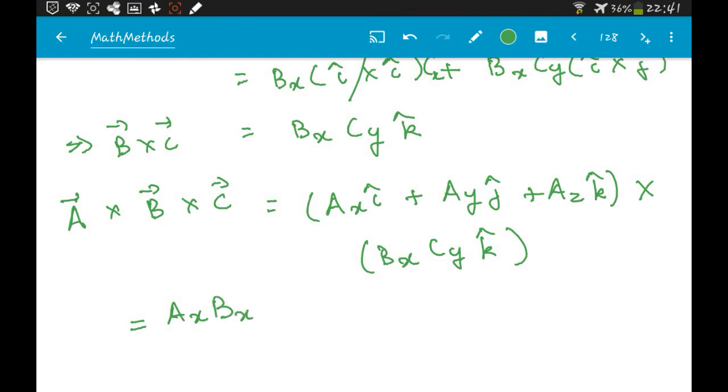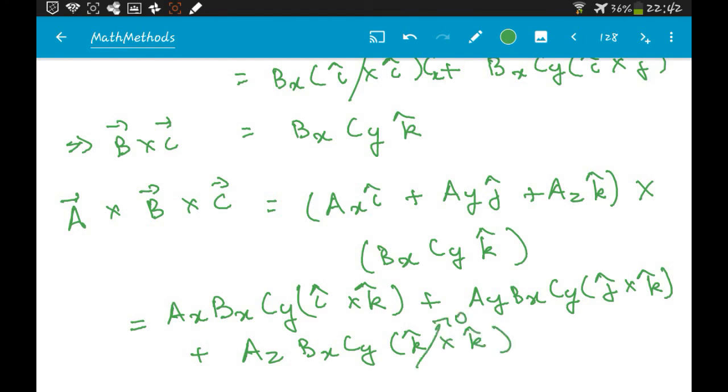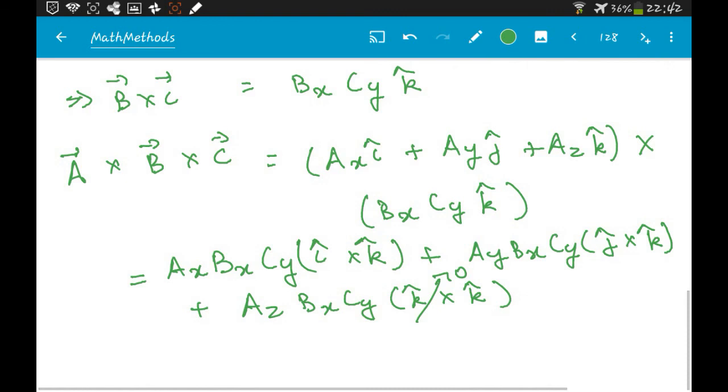Okay, so you will get AX BX CY into I cross K, plus AY BX CY into J cross K, plus AZ BX CY into K cross K. This is obviously 0.